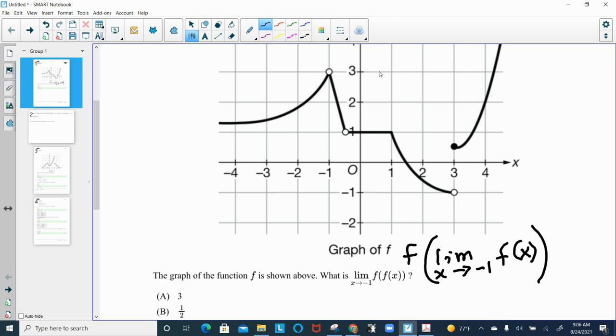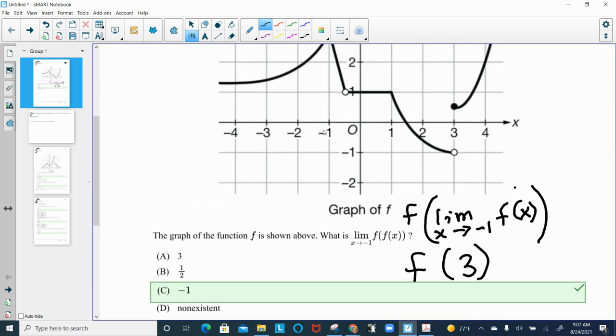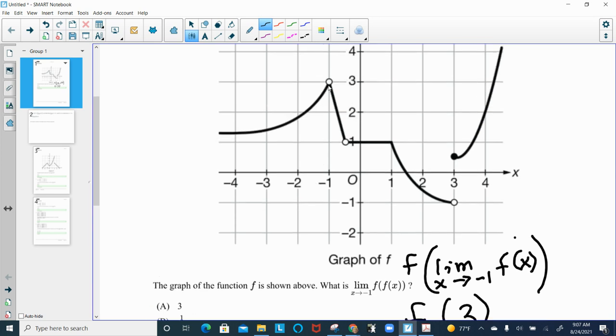So that's helpful information. So now we have a little bit of an issue, because if we replace this inside, we figured out this limit, we can substitute that. We can say, okay, that's going to be 3. And why is that? Because the limit as x approaches -1 of the function f of x is 3. See how the left-hand limit and the right-hand limit agree.